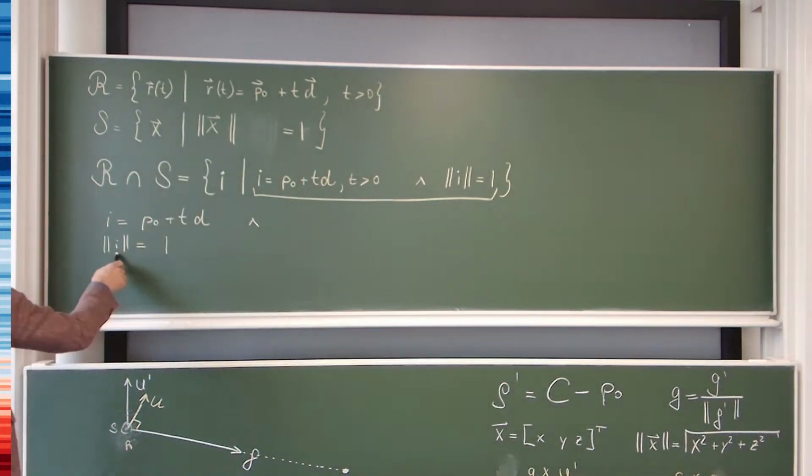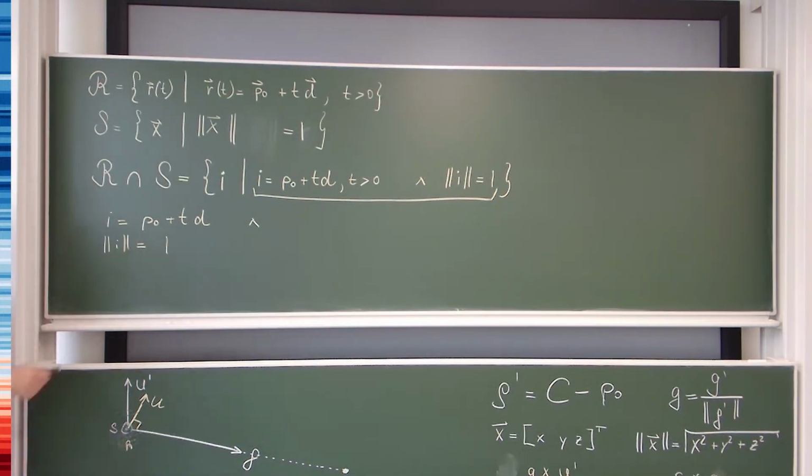I have an unknown I and an unknown T. But I is 3-dimensional. Doesn't this mean I have 4 unknowns? Ix, Iy, Iz, and t, and just two equations?